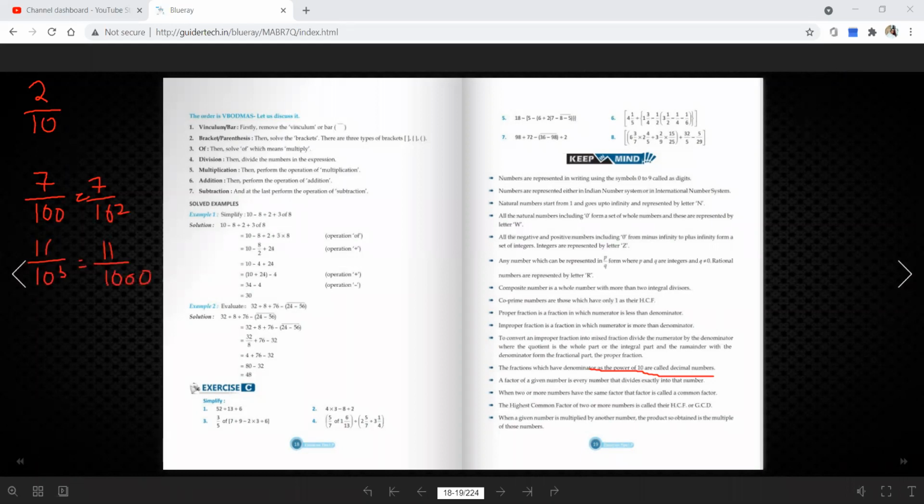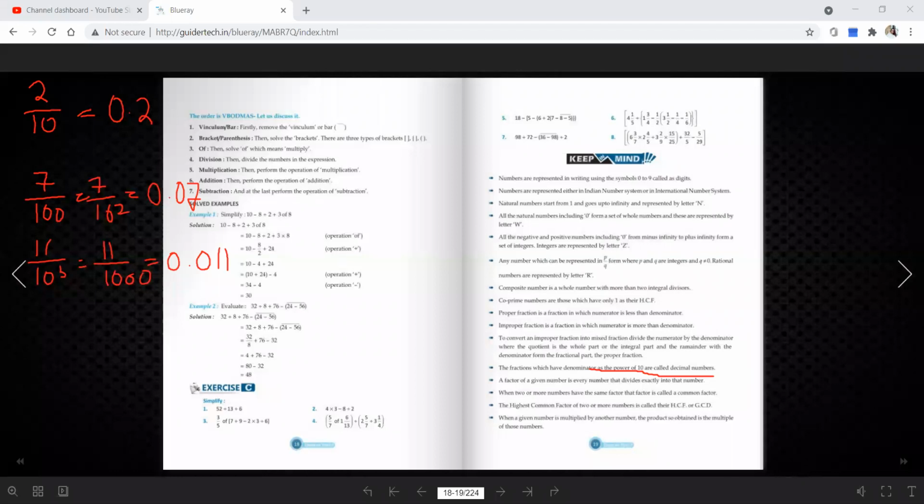These are very easy numbers to convert to decimals: 0.2, 0.07, 0.001, like 0.11, like this.